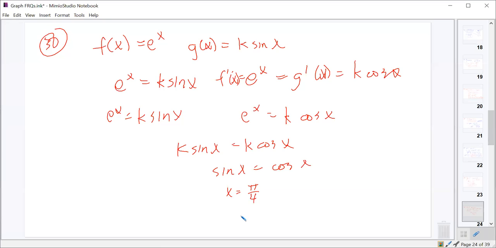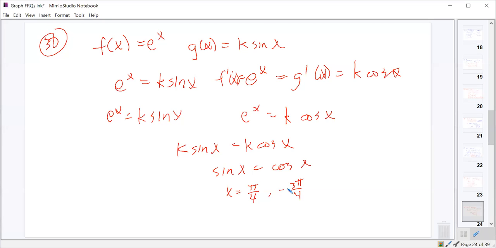Guess we could say 5 pi over 4. No, 5 pi over 4 is not going to make sense. We're going to do the negative 3 pi over 4 version of this, which is the same as 5 pi over 4.